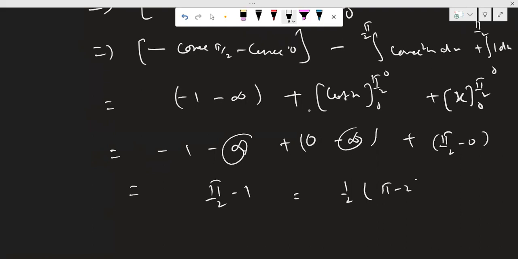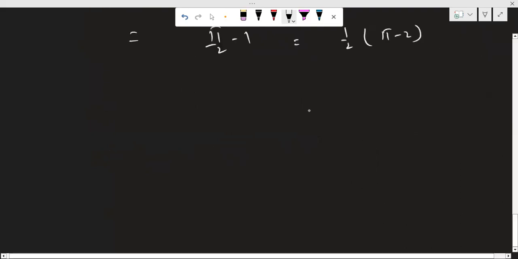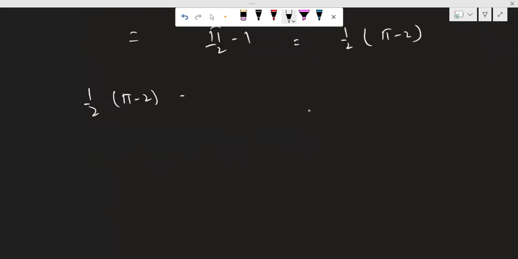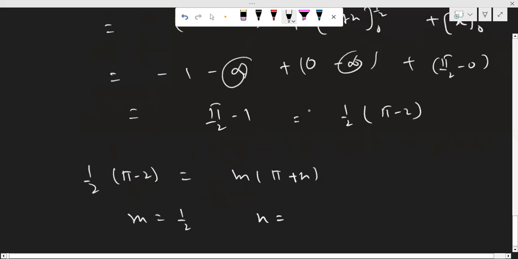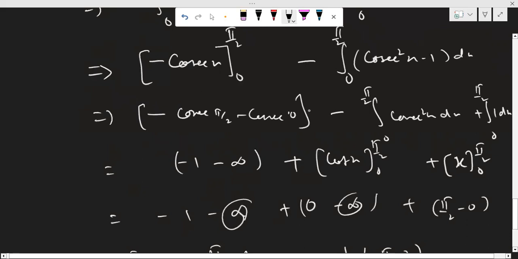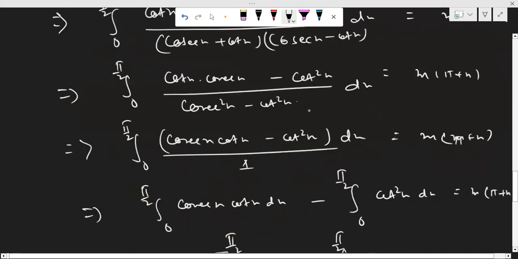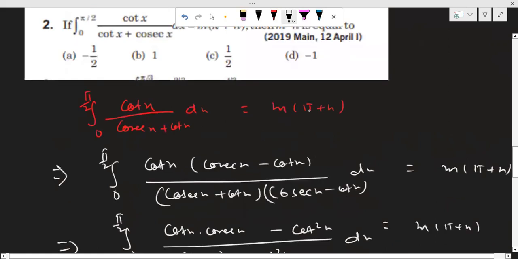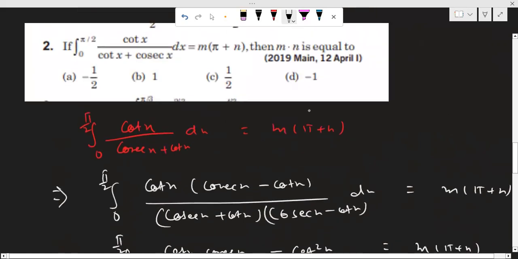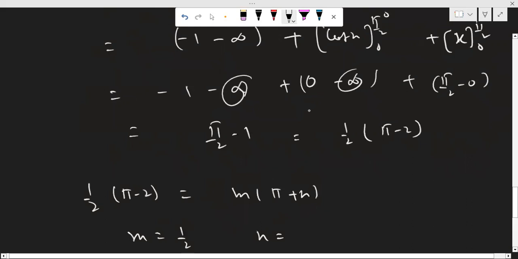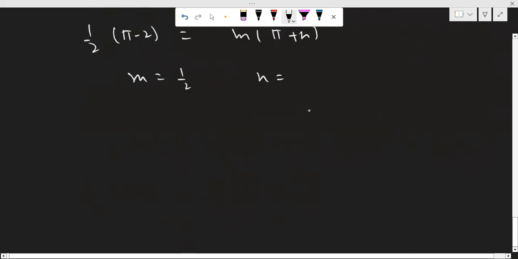So if we compare this with m pi plus n, then we have m equals half and n equals negative 2.